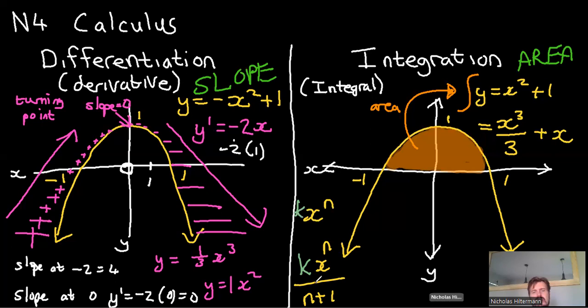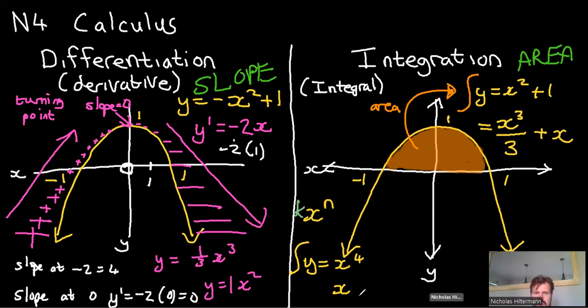I'd rather just teach you as you go. You'll find that yes, there is a formula for it, but it's so much easier just to say, if you want to find the integral of, say, x to the 4, what I do with integrals is the opposite of derivatives. So instead of taking 1 off, I add 1, so 4 plus 1 is 5, and then I just divide by that 5.